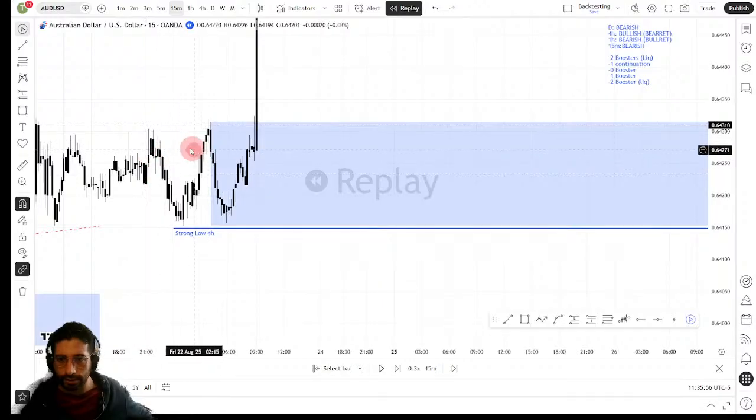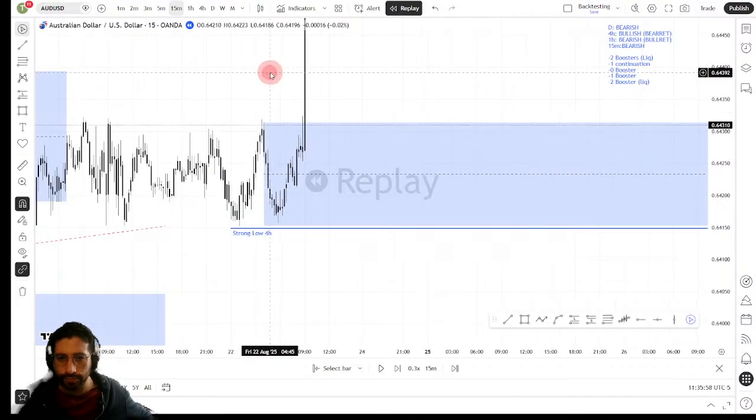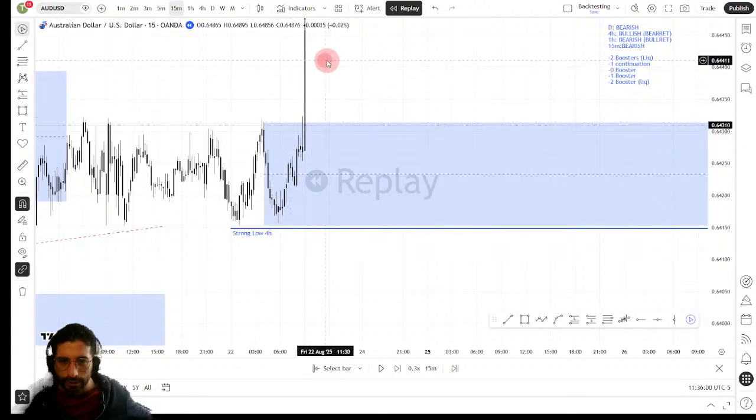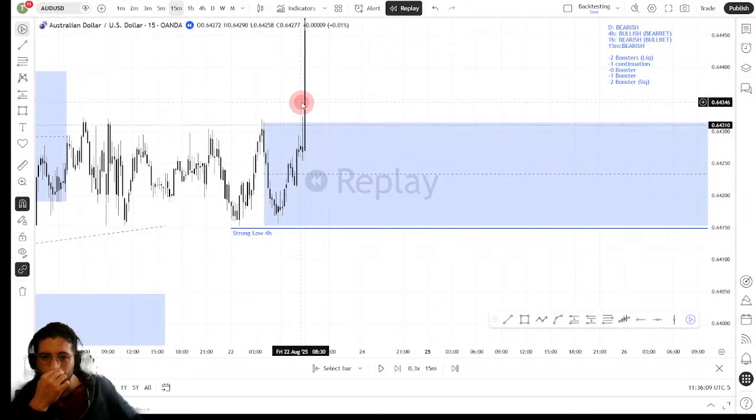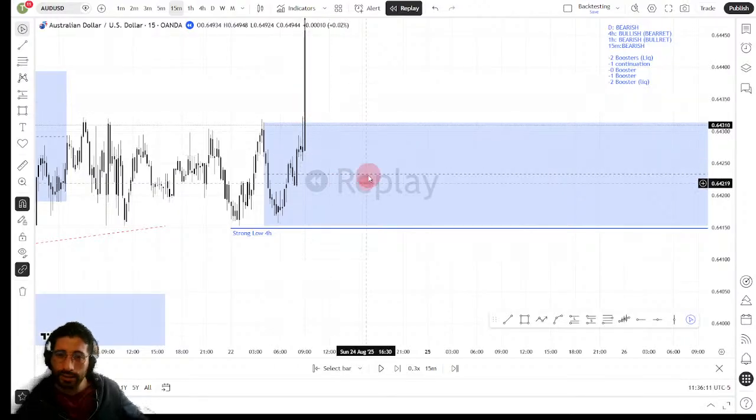It reacted here. Boom. What is the order block which is valid? This one is a valid order block.